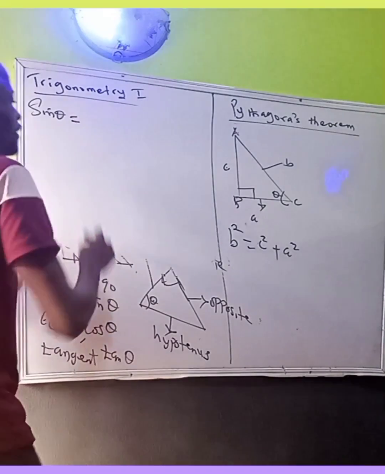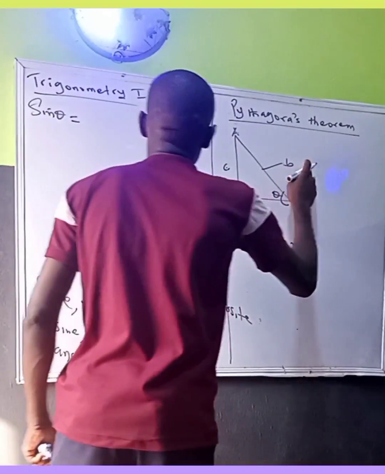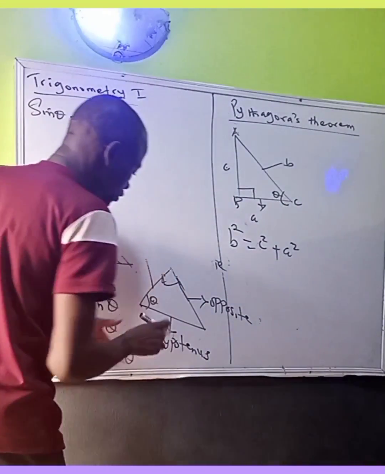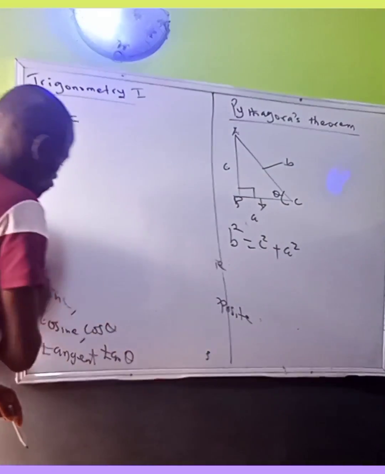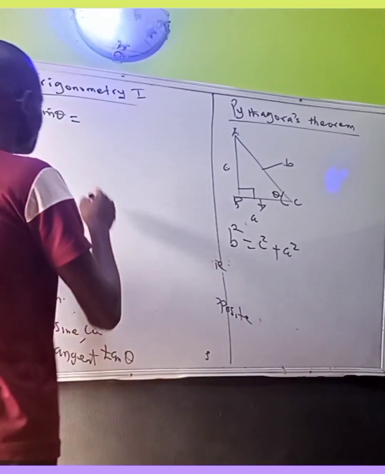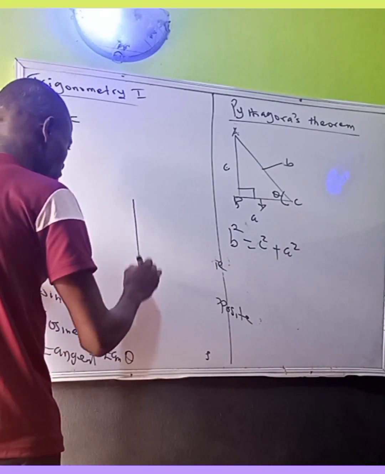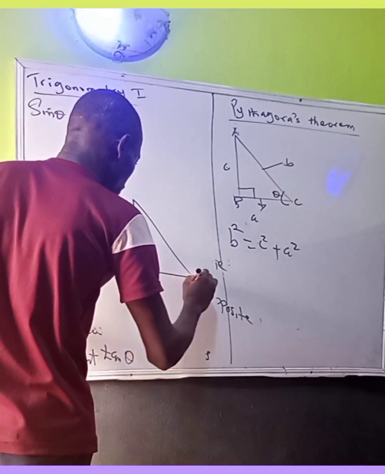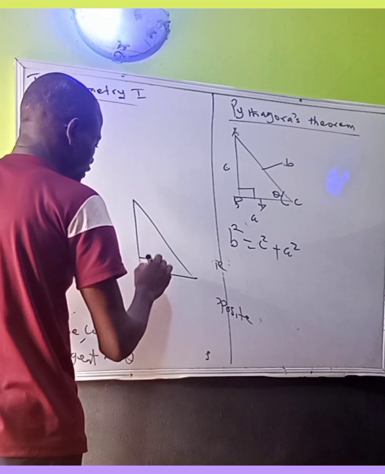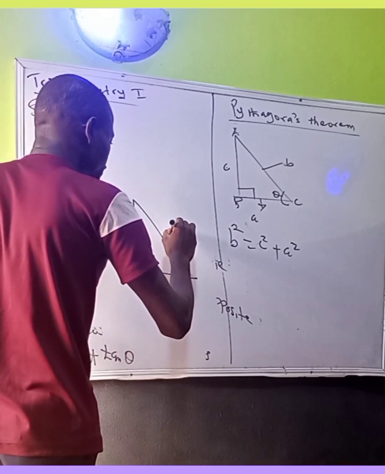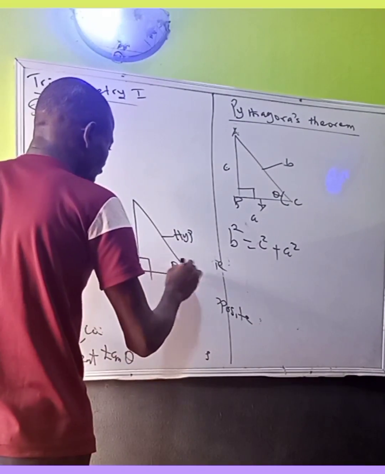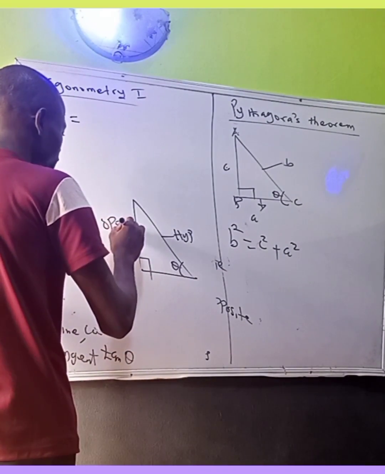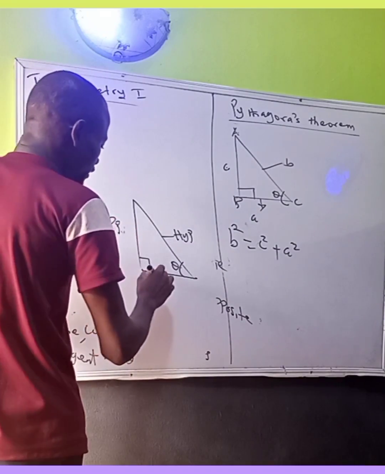If you have a right angle triangle now, let me label it here. We have the hypotenuse, the side this angle theta is facing, opposite, then adjacent.